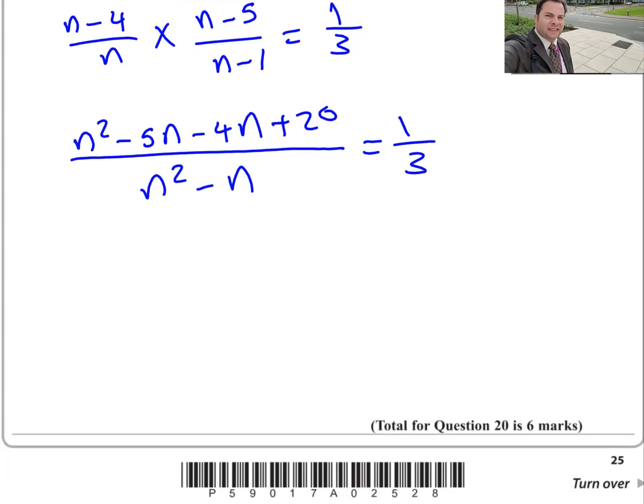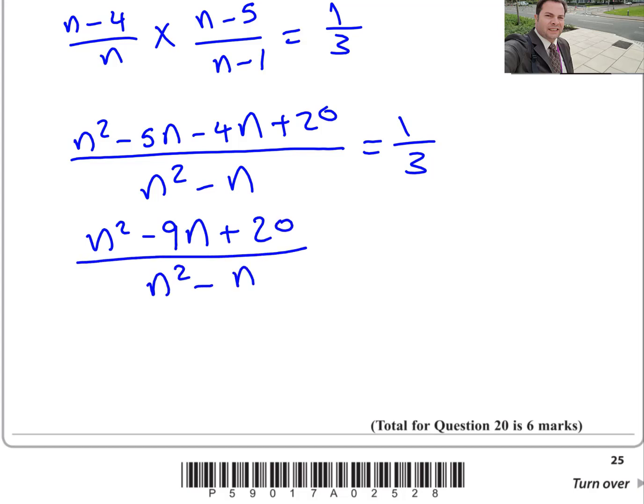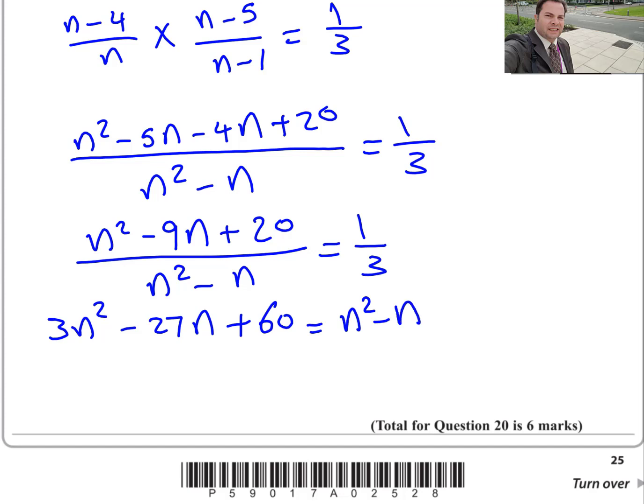Simplify more. n squared minus 9n plus 20, all divided by n squared minus n, is equal to a third. Cross multiplication: 3n squared minus 27n plus 60 is equal to n squared minus n.